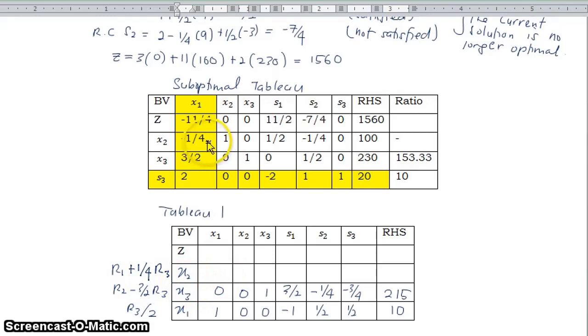The coefficient of x1 in row 1 becomes 0. x2 is 1 plus 1/4 times 0, which is 1. x3 is 0 plus 1/4 times 0, which is 0. S1 is 1/2 plus 1/4 times negative 1. So we get 1/4.